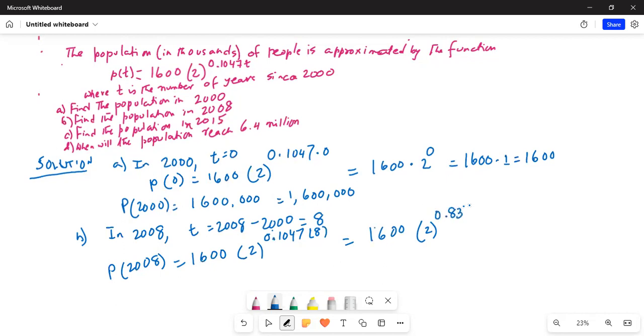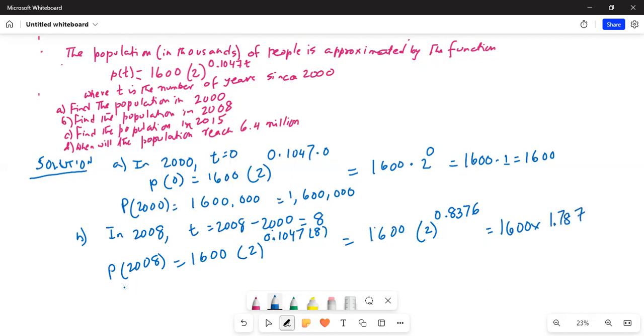So I'm going to use my TI-84 calculator. I will first press 2, then press the exponent key and type the exponent as 0.8376. And that is equal to 1.787.